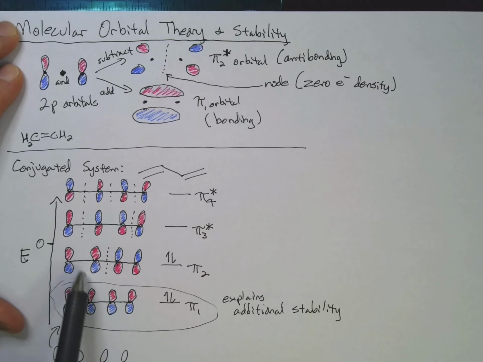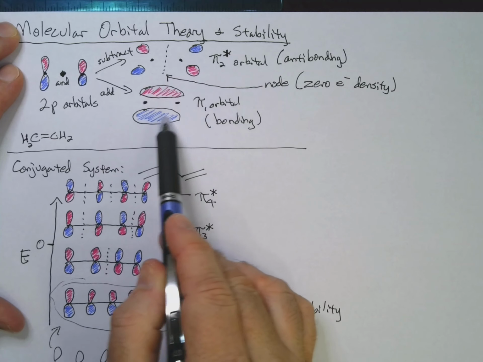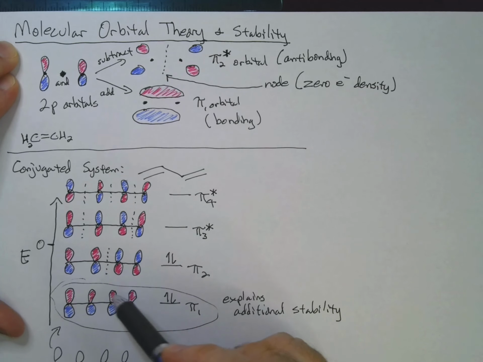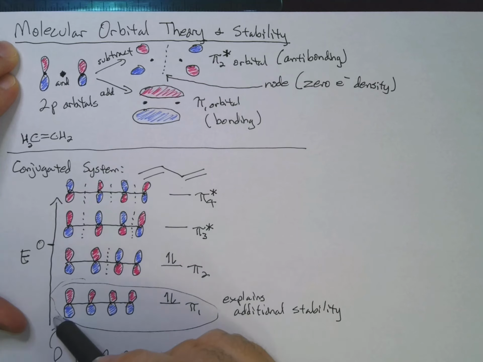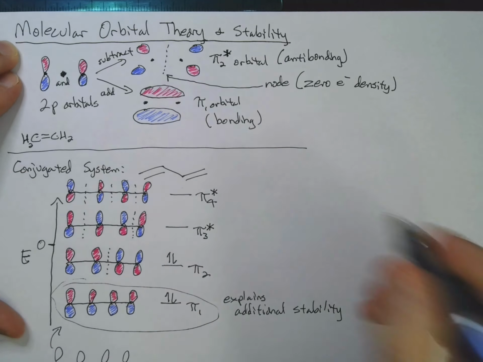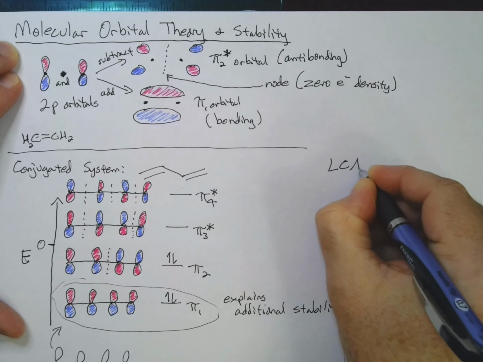Now again, they don't actually look like this, they look more like these blobby things, but the way that we represent them is by drawing the individual component p orbitals. We'll call these an LCAO.